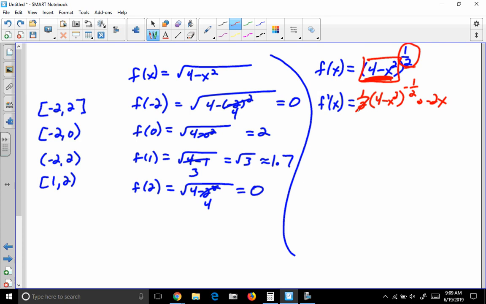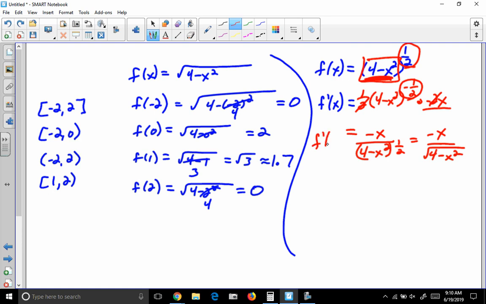So that 2 and that 2 cancel. Let's rewrite this as -x. Since this has a negative exponent, we need to take it to the denominator. And if we have something to the 1/2 power on bottom, we can call that the square root of 4 minus x squared.